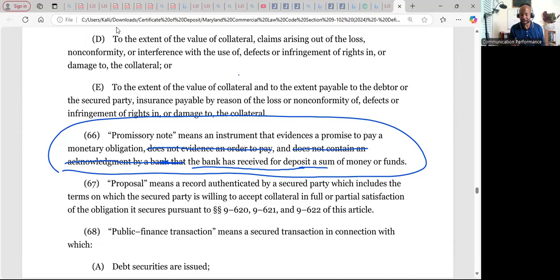The bank receives a sum of money or funds, which is your deposit, right? The bank doesn't receive a deposit. That's also there to trick you, right? Because the bank doesn't receive a deposit. So we could get rid of this too, right? That's also extra language because the deposit is defined in law as the debt the bank owes the general creditor, which is the issuer of the note or the seller of the note, which is you.